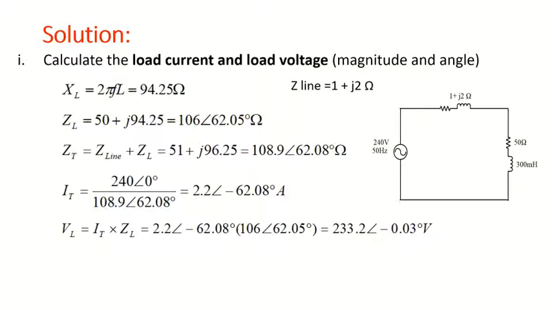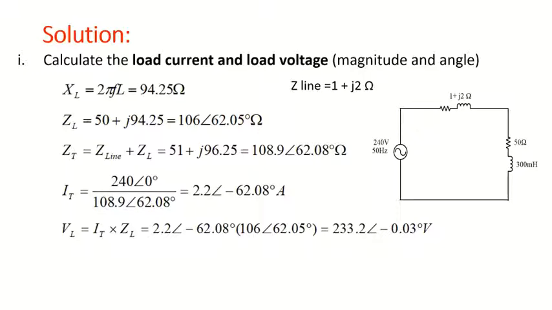Okay, the load current is the series current in the circuit. To get the load current, or the series current, it is equivalent to the supply voltage divided by the total impedance.